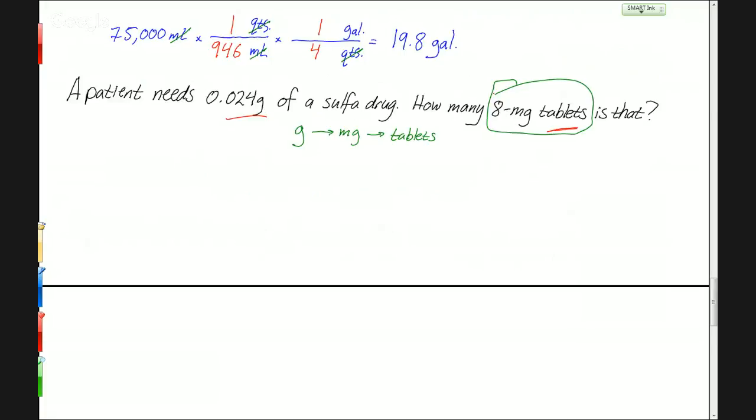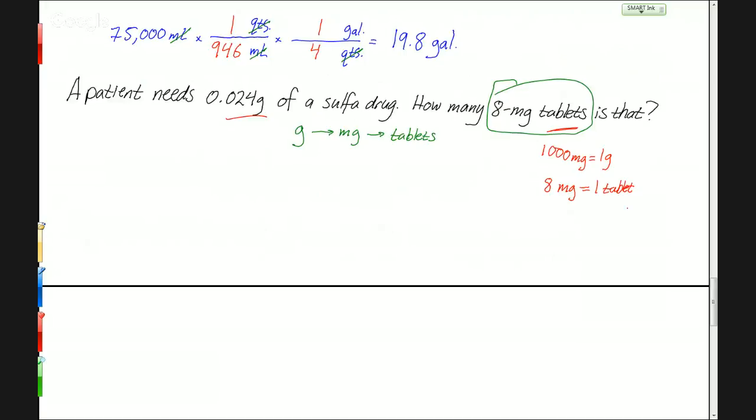As we've done before, it might be helpful to write down those conversions. We know that there are 1,000 milligrams in a gram and 8 milligrams in one tablet.